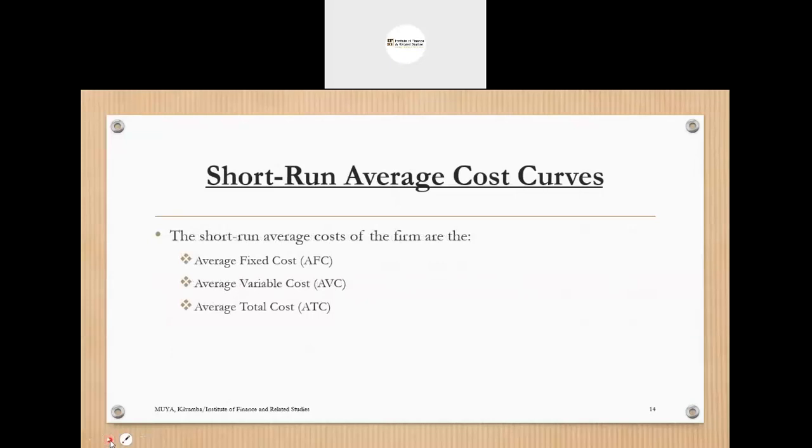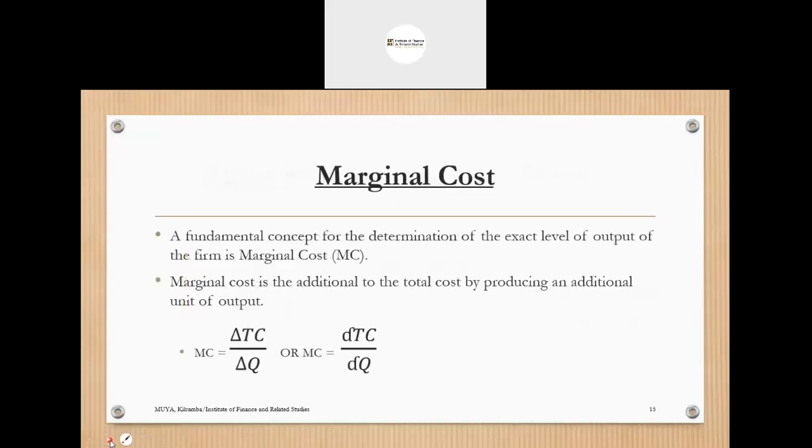And I may want to include the marginal cost, which is a very fundamental cost that we use to determine the exact level of output. Very important, we define marginal cost as the addition to total cost if we produced an additional unit of output.